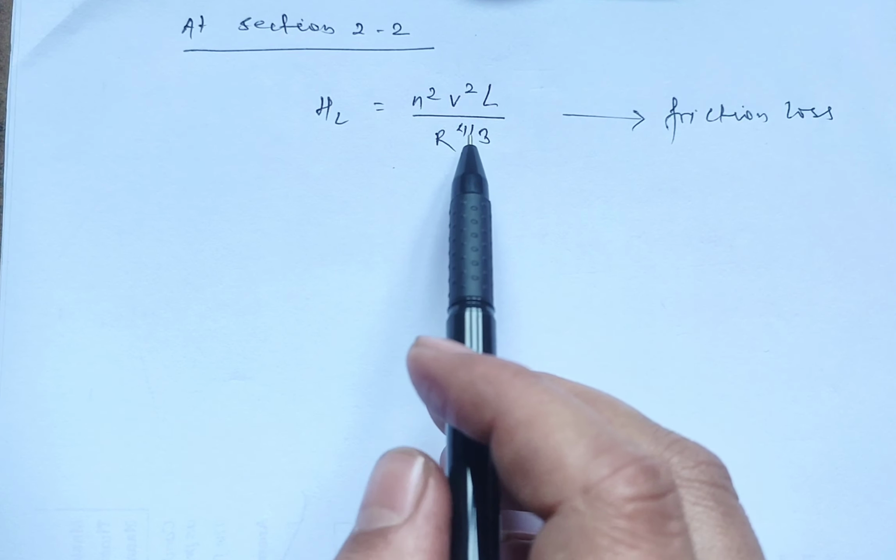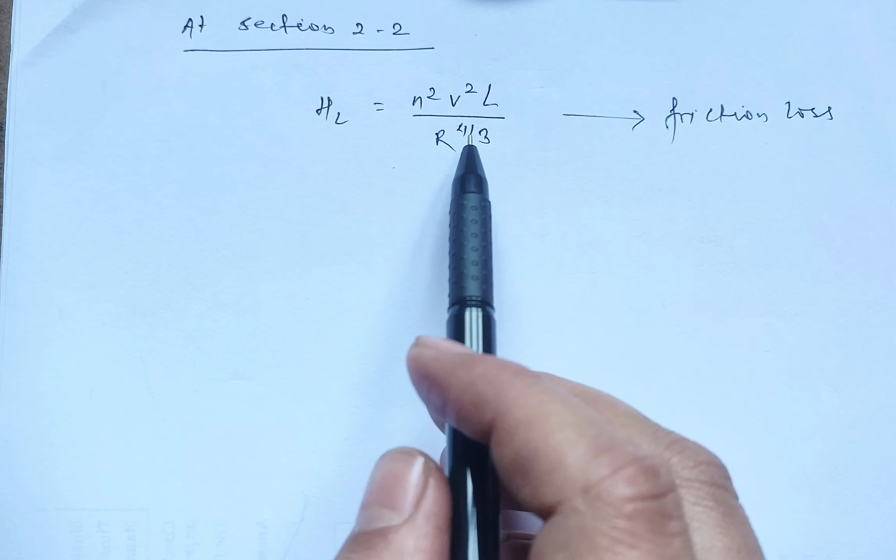So now placing all these values, HL equals 0.016 times 2.133 squared times L, which is 74.5 as calculated in the first step, divided by R, that is 1.154 to the power 4/3, equals 0.072 meter.